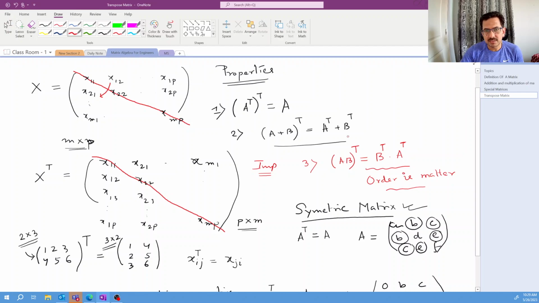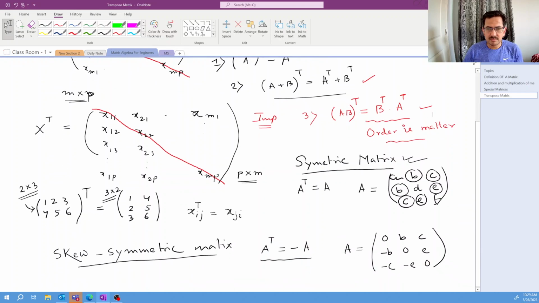One property is that A transpose, and then transpose again, returns the same matrix. Summation gives A transpose plus B transpose. A very, very important property is that when you take the product and then the transpose, the order is very important. This is the third property. And then we discussed the symmetric matrix and the skew symmetric matrix.